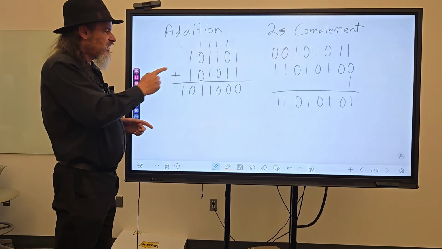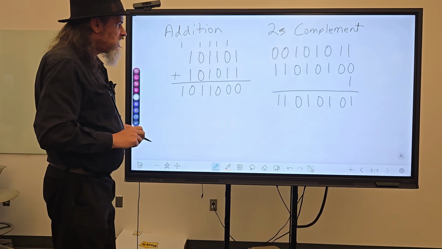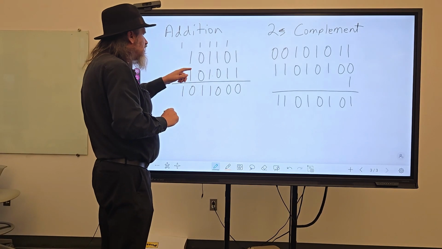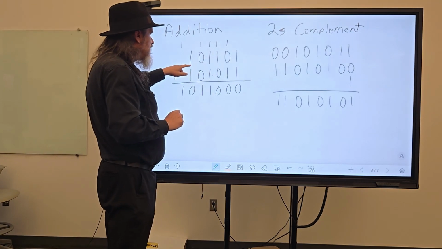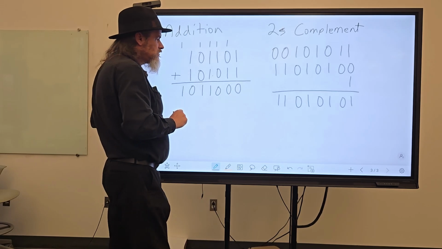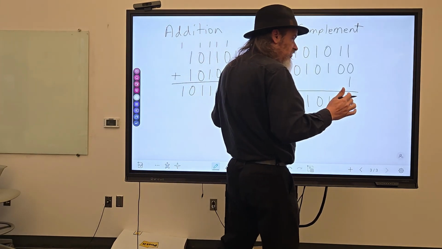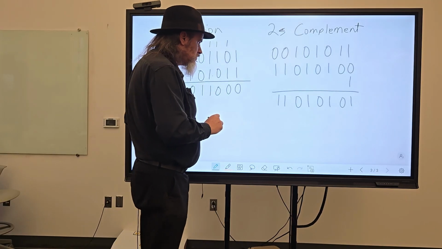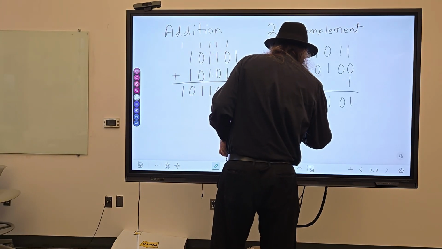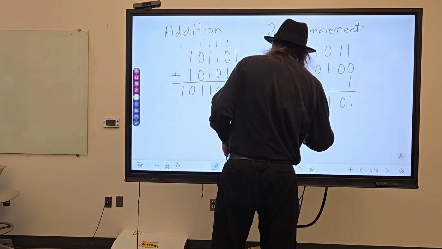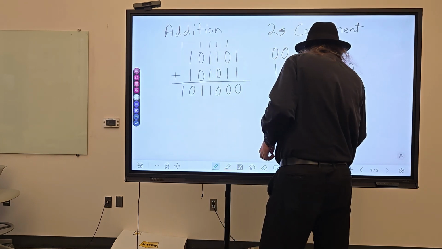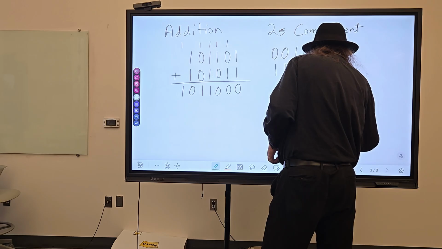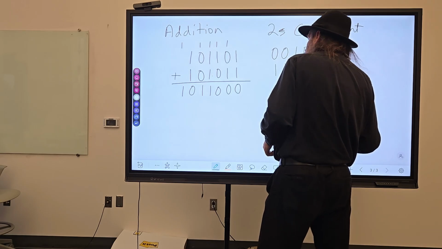So you have this negative number in 2's complement. Now you want to add this number to it. Addition is commutative, so you can add in any order. So it's 1 0 1 1 0 1, right?